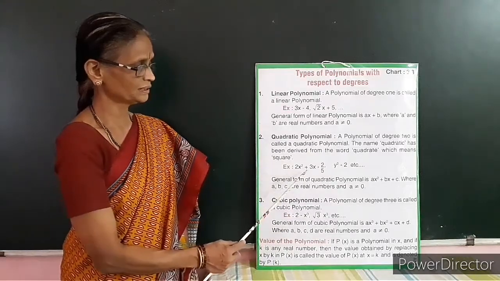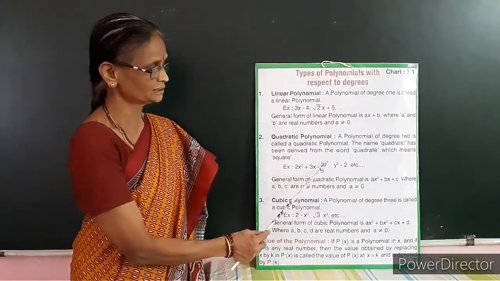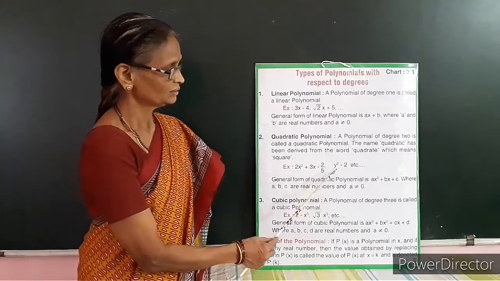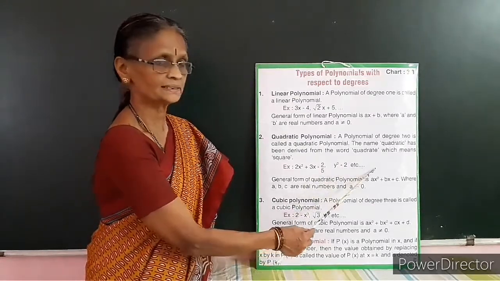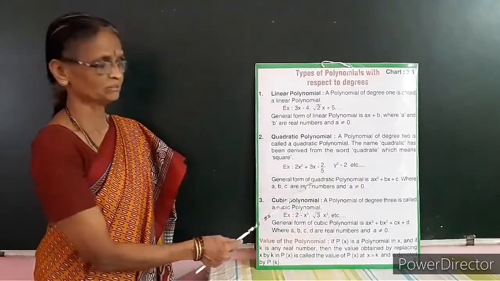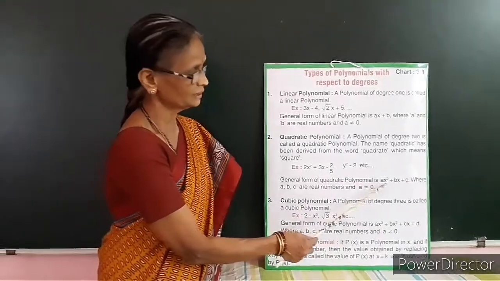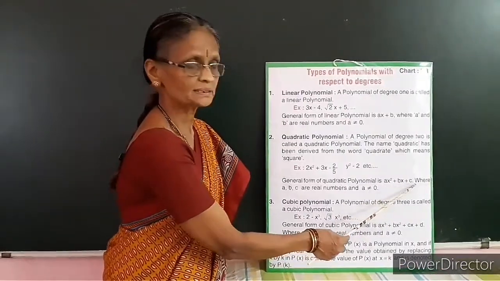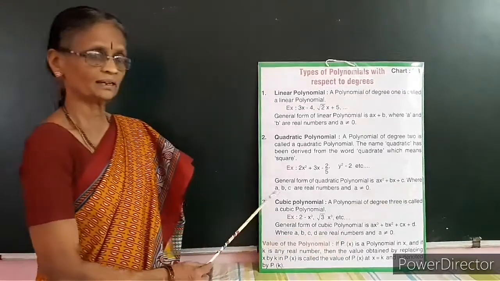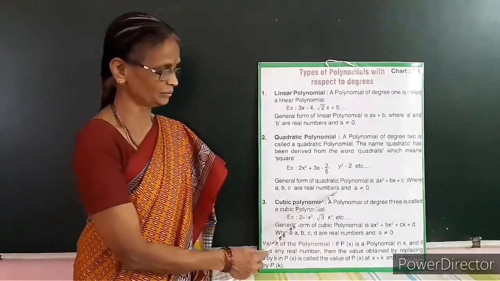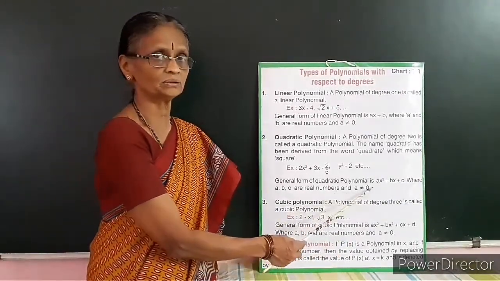Example, 2x square plus 3x minus 2 by 5, y square minus 2, etc.